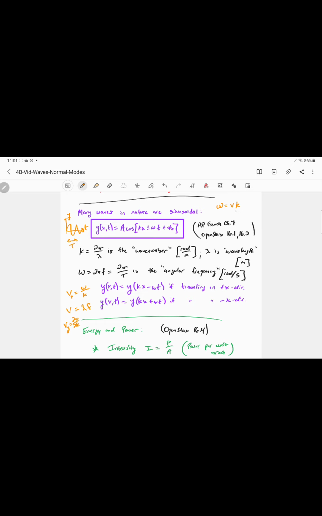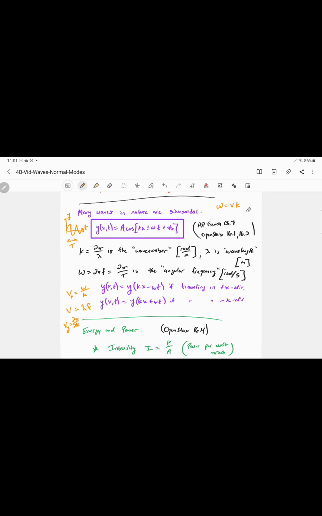Here, if you take the right-hand side and divide by k, or take the derivative with respect to k, you get the same wave speed. Another fact that makes sinusoidal waves relatively simple is that phase velocity and group velocity are the same thing. But we'll deal with more complicated waves too.